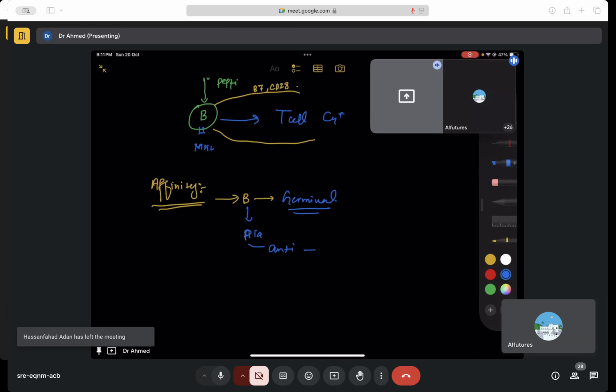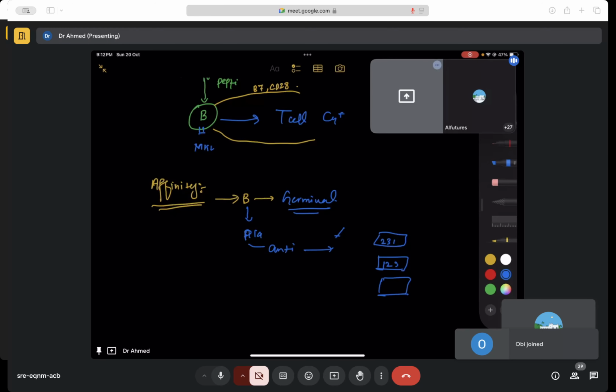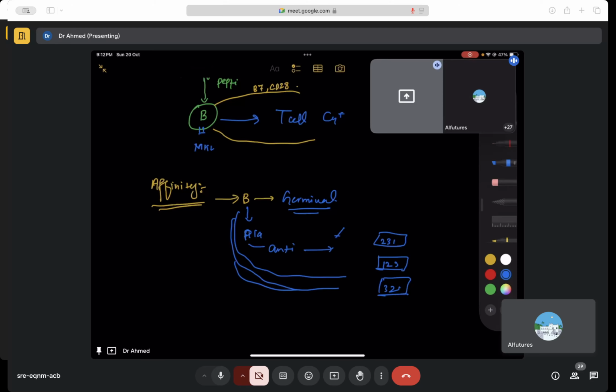And these antibodies are going to react with their respective antigen, right? For example, if I have an antigen which has a code of 231, okay, another antigen which has a code of 123, let's suppose. I'm just giving a random example. Then I have another antigen that is 321. So your B cell is going to produce millions and billions of antibodies.